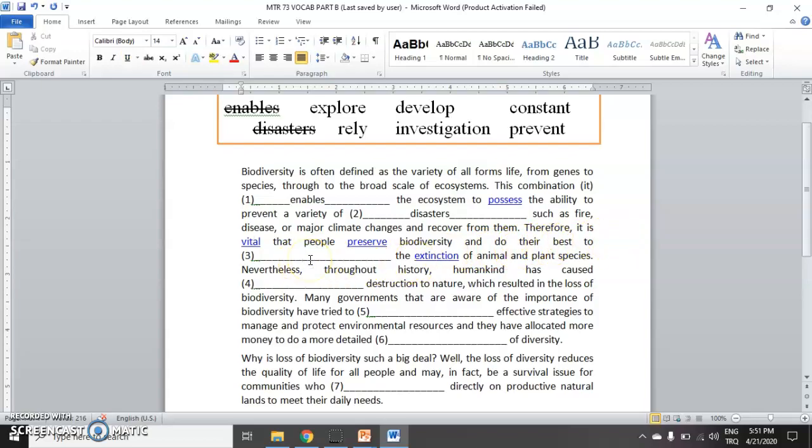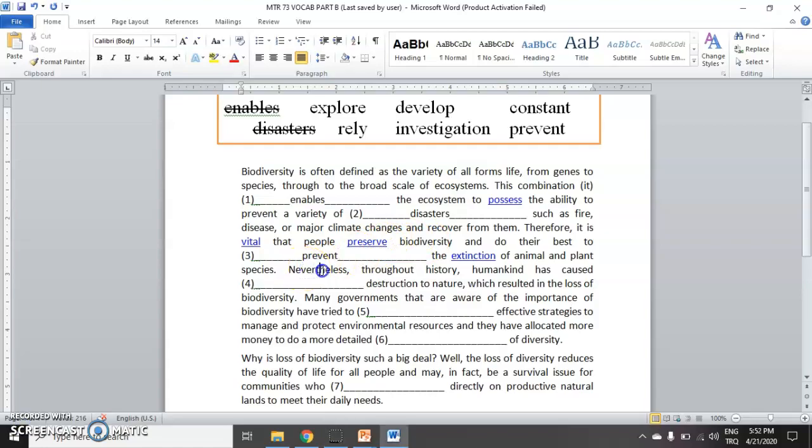Again, here we need a verb. So our verbs are explore, develop, prevent, and rely. The extinction means animals or something that doesn't exist, doesn't live anymore. So we want to prevent this. So the answer is to prevent, to stop from happening.